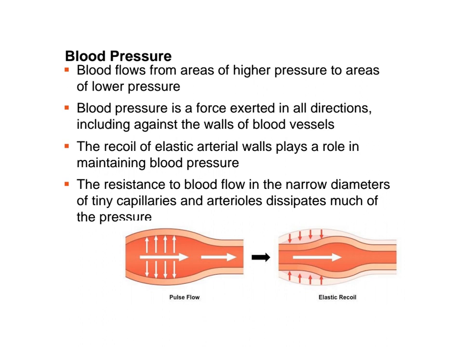So blood pressure, if you're thinking about a blood vessel, would be exerted in all directions against the walls of the blood vessel. And so if we look at the aorta and other major arteries, the arterial walls are quite elastic. And this is very important for maintaining blood pressure between successive ejection phases.